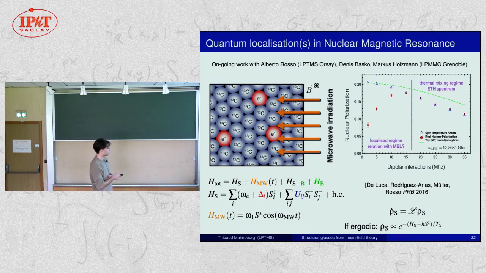The electronic spins interact through dipolar couplings. On top of that, you put microwaves that drive the system out of equilibrium, and they are in contact with a bath, typically the phonons of the system. So you have all these different pieces that you have to treat.